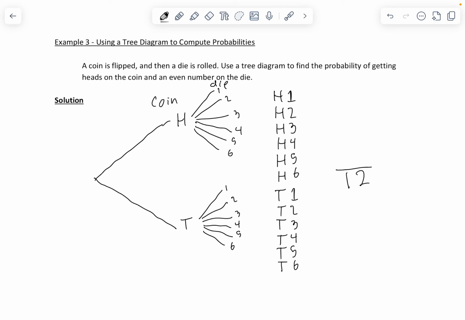The numerator will be the number of outcomes that correspond to heads on the coin and an even number on the die. So let me just circle those. That would be heads 2, heads 4, heads 6, right? 3 possible outcomes. So it's 3/12, but that reduces down to 1/4.